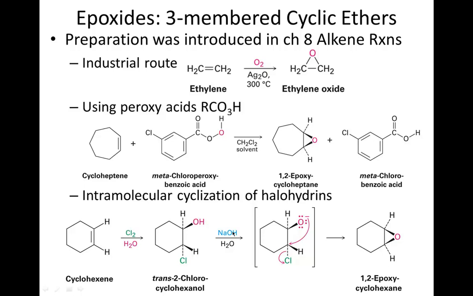So sodium hydroxide is a strong enough base to make this anion, which will then come around from the other side and flip this out, and that's called an intramolecular cyclization because it happens within the same molecule. That's what the word intramolecular means. So you can make epoxides that way, and these epoxides are very useful industrial chemicals. I think I've mentioned that before.